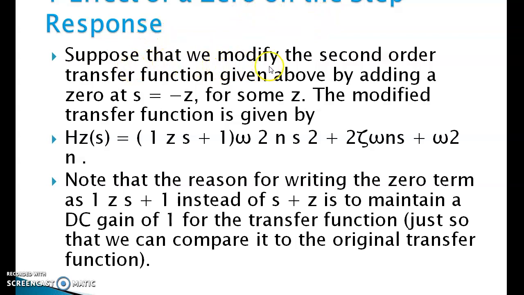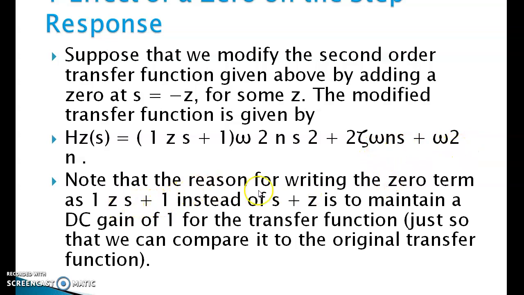Suppose that we modified the second order transfer function given above by adding a zero at s equals minus z for some z. The modified transfer function is given by Hz(s) = ((1/z)s + 1) omega_n^2 / (s^2 + 2 zeta omega_n s + omega_n^2).